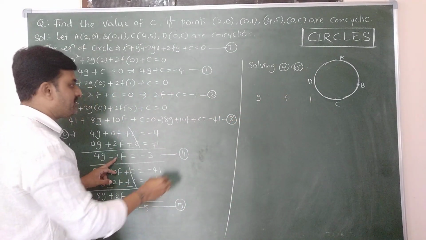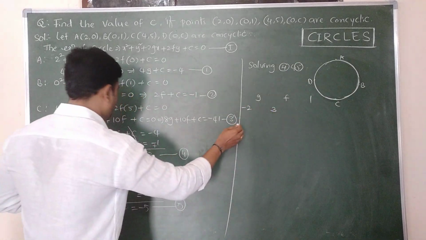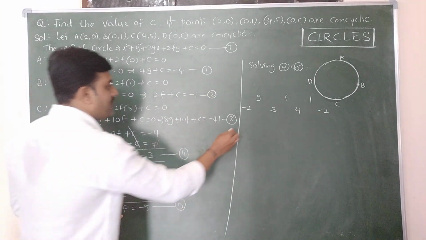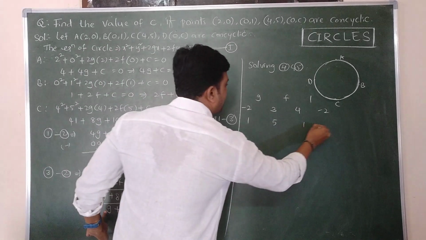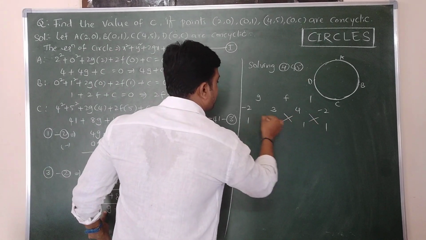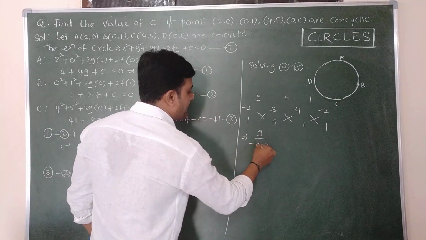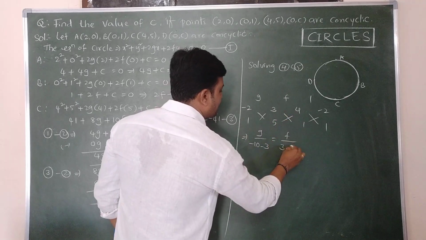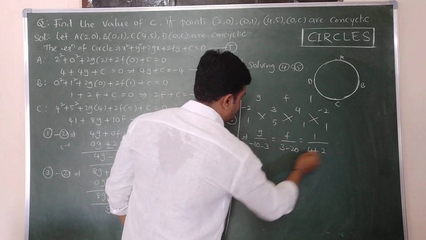Now g by minus 10 is minus 3, f by 3 minus 20, and 1 by 4 plus 2.